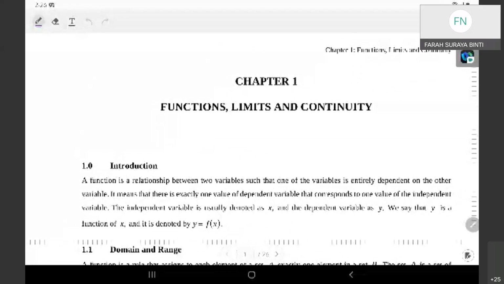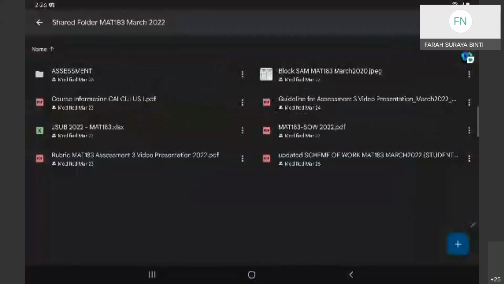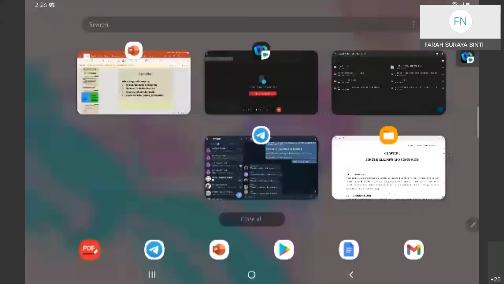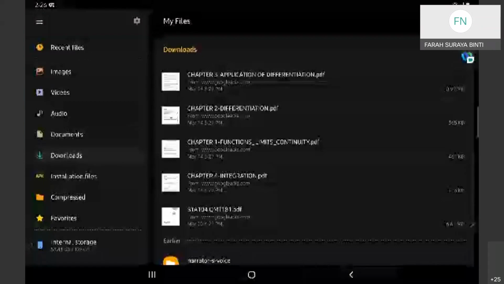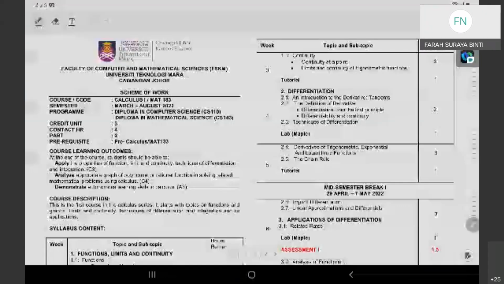For this week, for week 1, according to the SOW, sekejap saya tunjuk balik SOW tadi. Okay.